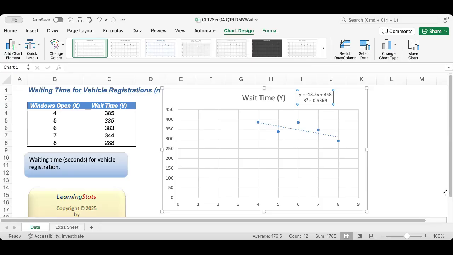We're talking about a relationship between the wait time at the DMV versus the number of open windows. My coefficient of determination, R squared, is 0.537. 53.7% of what?